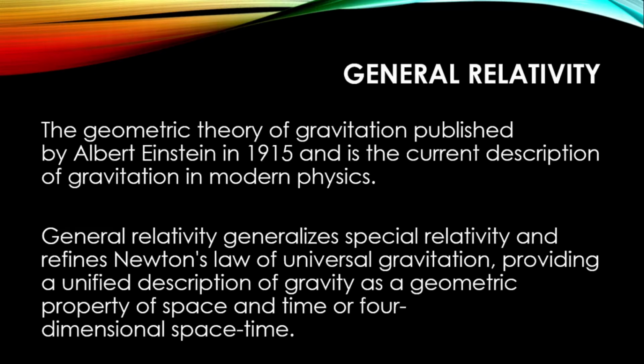If we talk about general relativity, it is the geometric theory of gravitation published by Albert Einstein in 1915 and is the current description of gravitation in modern physics. General relativity generalizes special relativity and refines Newton's law of universal gravitation, providing a unified description of gravity as a geometric property of space and time, or four-dimensional space-time.